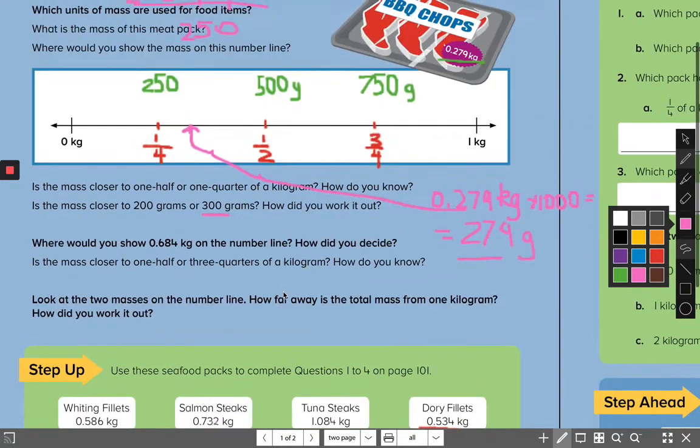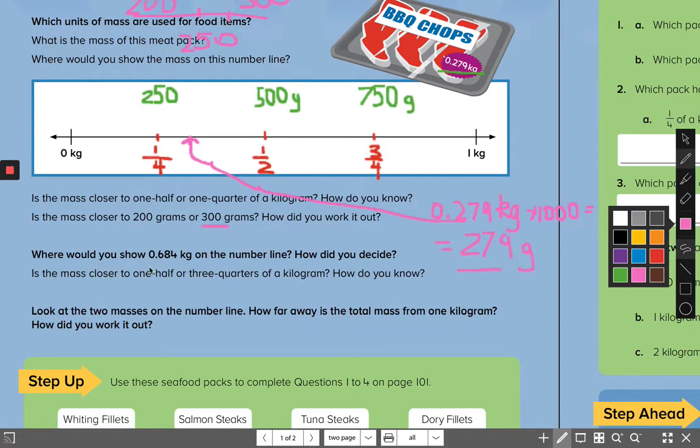All right, the next question is, where would you show 0.684 kilograms on the number line, and how did you decide? Okay, remember, this is kilograms. So if we were to convert it into grams, it's going to be 684 grams.